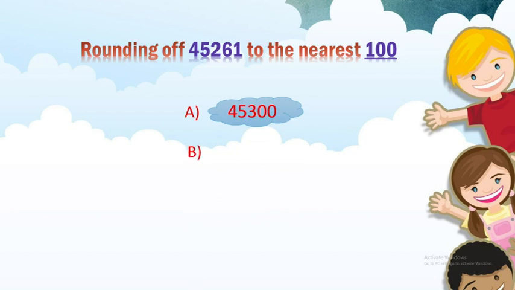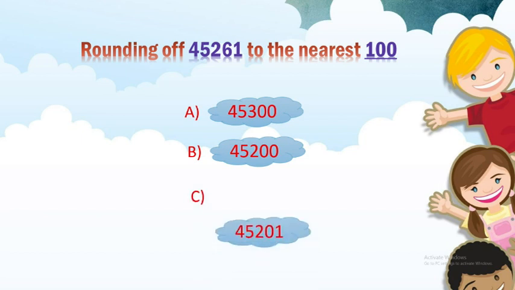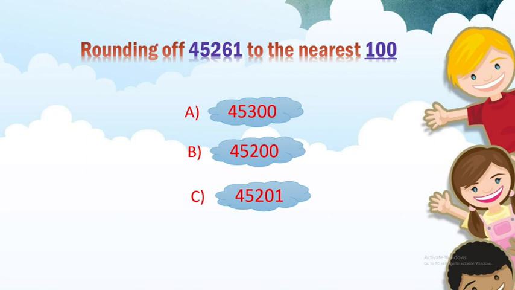Option B, 45,200. Option C, 45,201. Which number is the correct number? Very good. Option A.